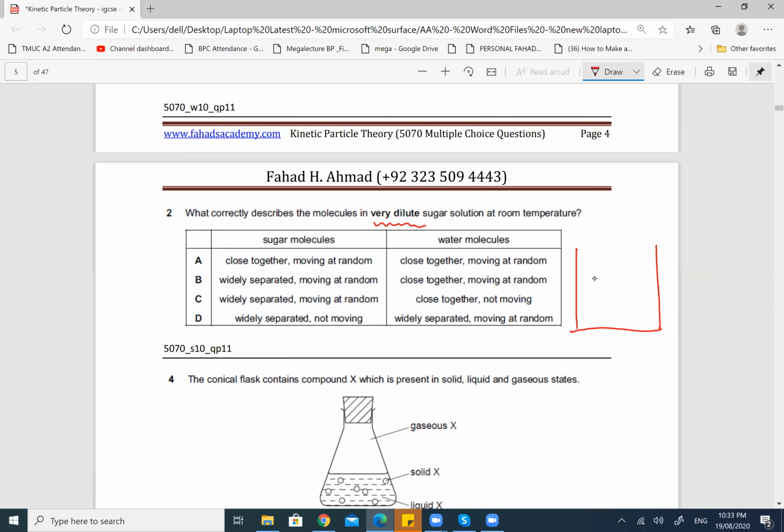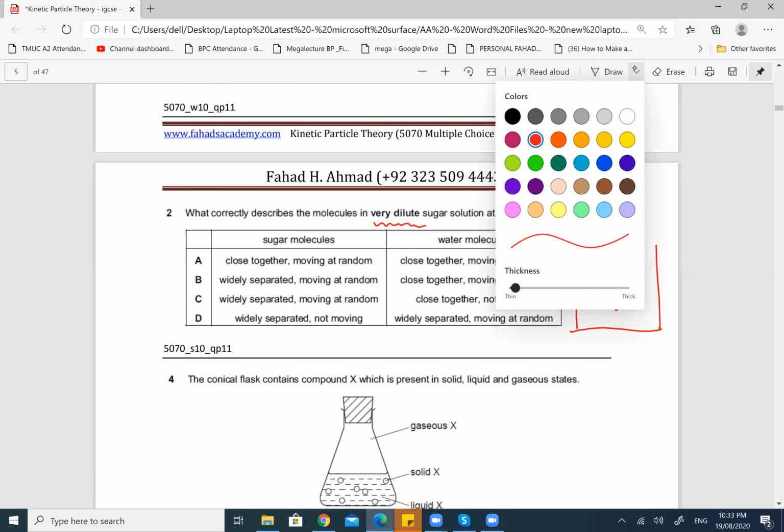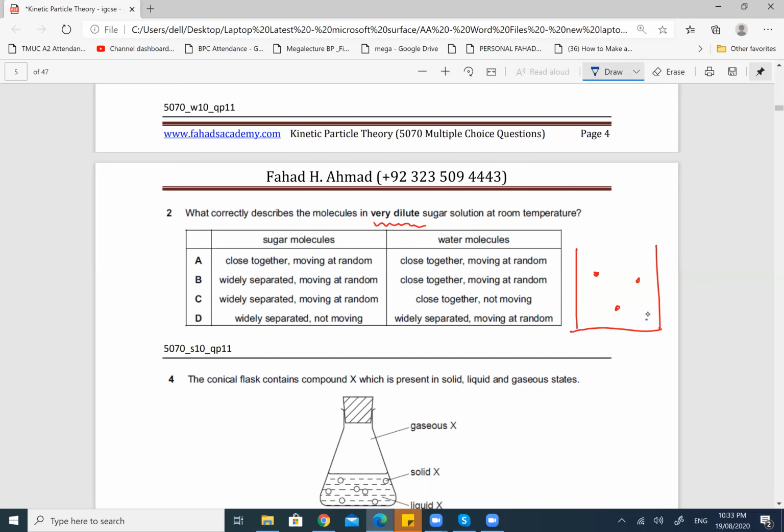Okay, that's fine. Dilute means we can also discuss it. The liquid, there would be lots of liquid molecules, so they would all be close together. And then there'll be small amounts of sugar molecules, so they obviously have to be far away from each other.